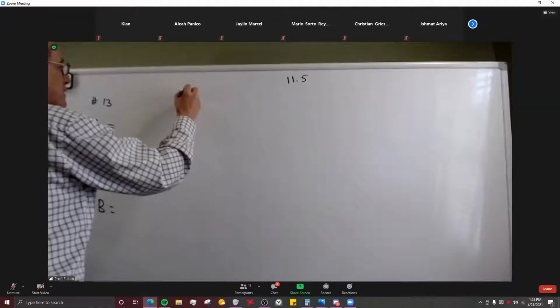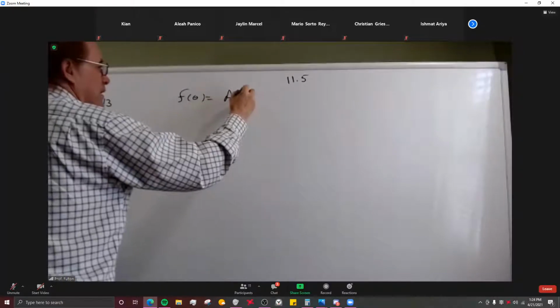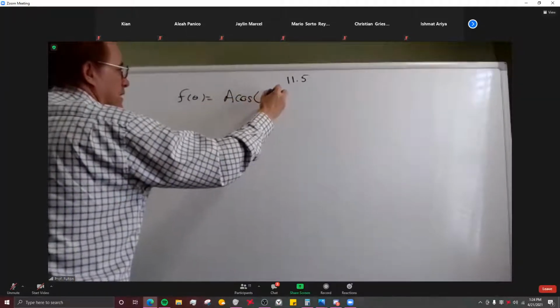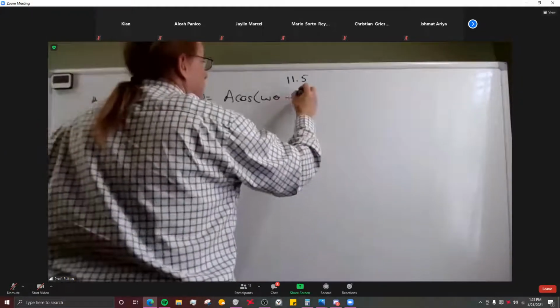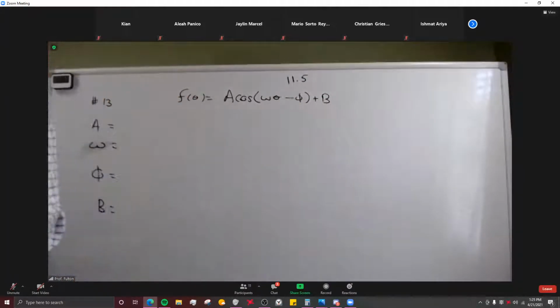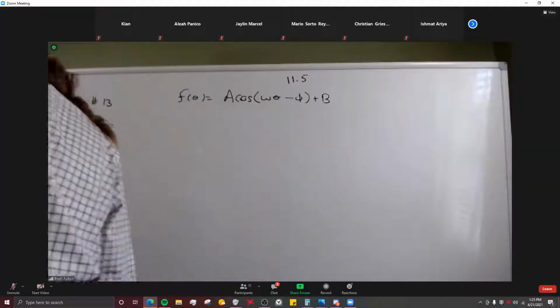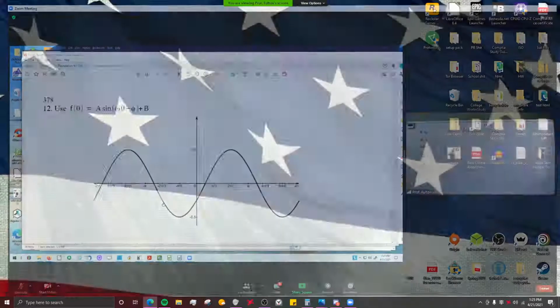So f of theta is a cosine omega theta minus phi plus b. Now let's look at the graph and see if we can pick some of these things out, just like we've been doing all along. So let's go to 13.